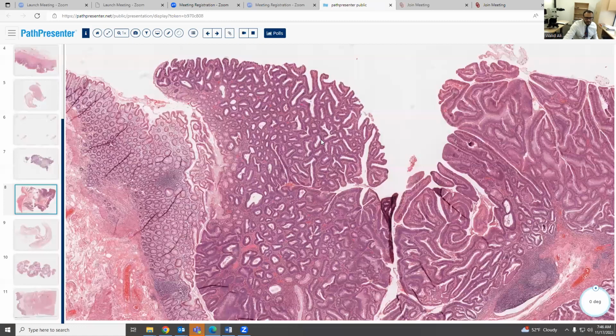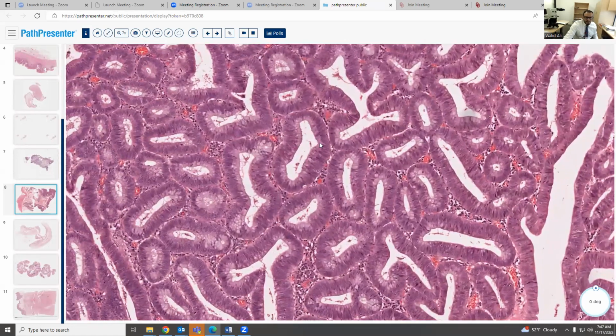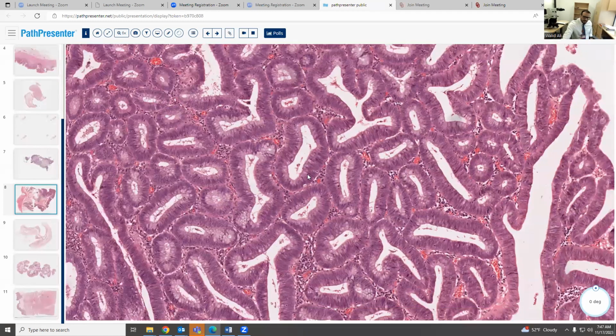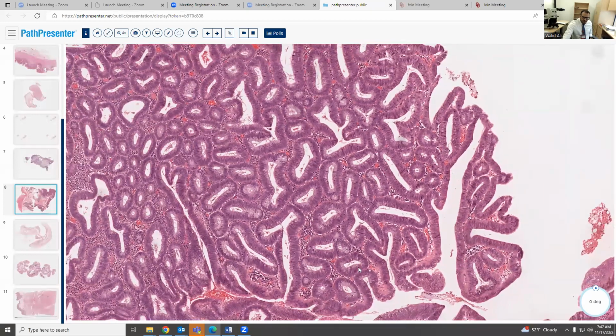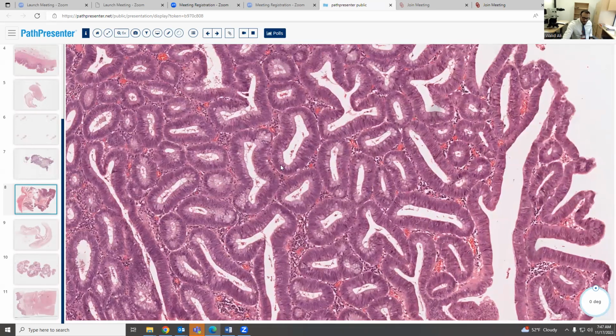At high power, we can see pseudostratification, or stratification, of the crypts, with spindle or pencil-like cells. However, it's still located in the base of the crypts. So this is what we call an adenoma.